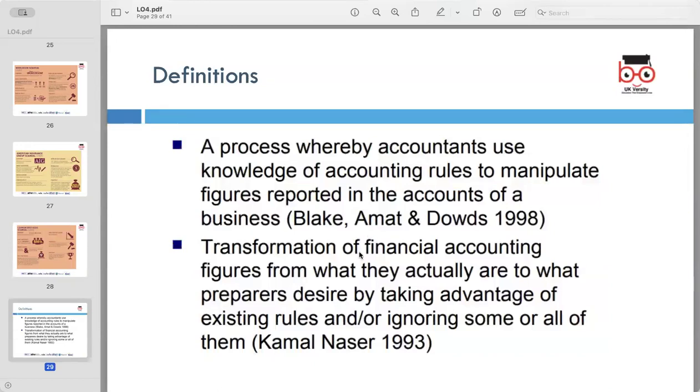So, the transformation of financial accounting figures from what they actually are to what preparers desire by taking advantage of existing rules and/or ignoring some or all of them. So these definitions basically highlight the deliberate nature of creative accounting, where financial figures are adjusted to present a desired narrative rather than an accurate reflection of the company's financial position.